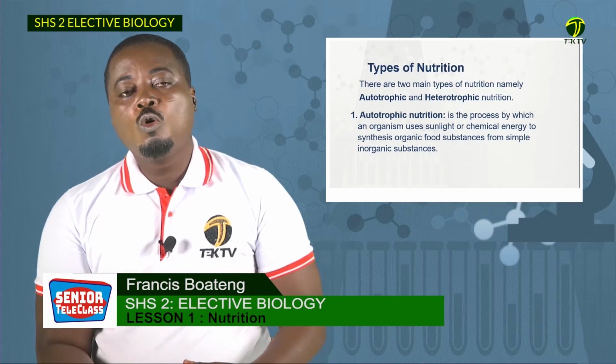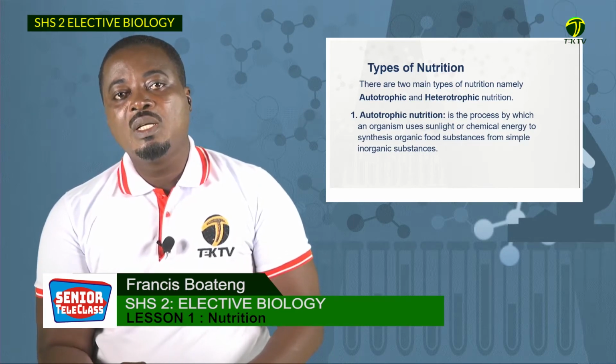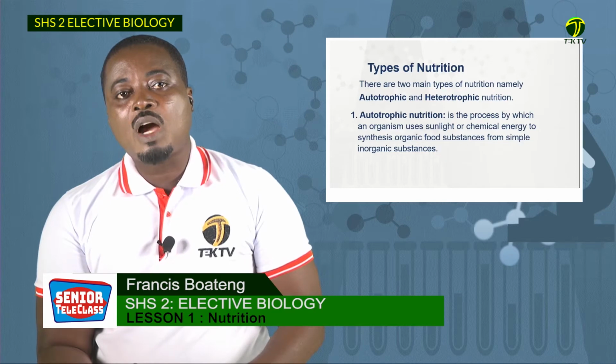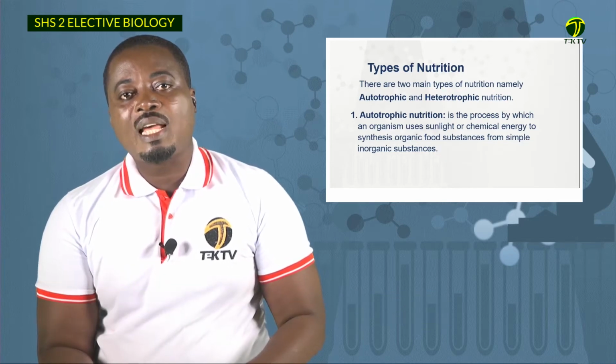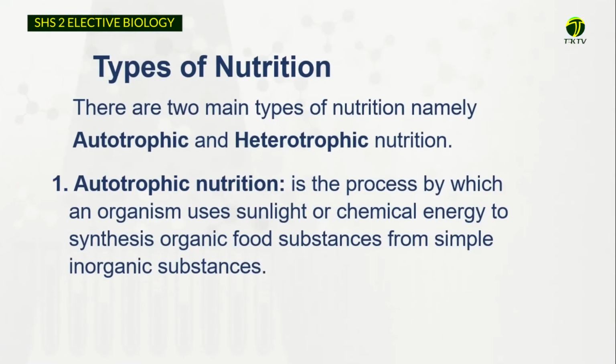Therefore, autotrophic nutrition is the process by which an organism uses sunlight or chemical energy to synthesize organic food substances from simple inorganic substances. And this word is loaded.